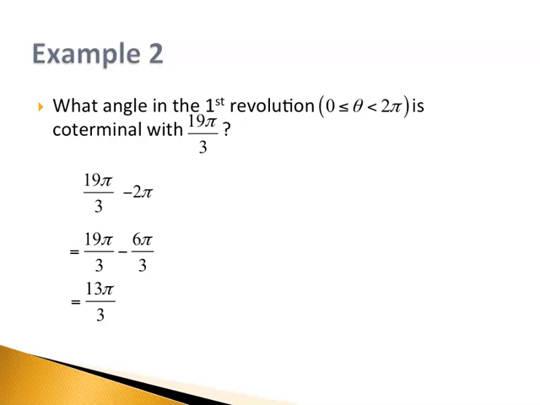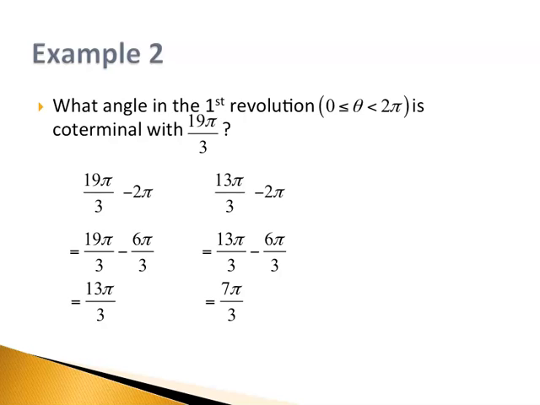Now 13 pi over 3, ask yourself again, is that between 0 and 2 pi? Well, 13 divided by 3, that comes out to be 4 point something times pi. So again, it's not quite between 0 and 2 pi, so we're going to have to subtract 2 pi again. So 13 pi over 3 minus 6 pi over 3, which is 7 pi over 3.